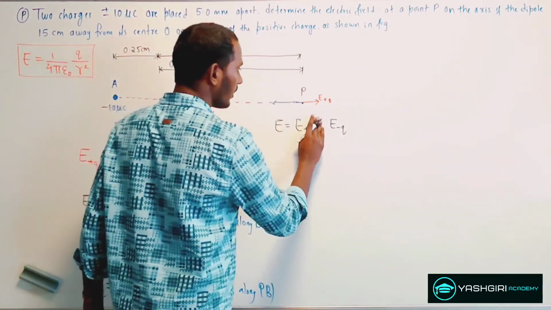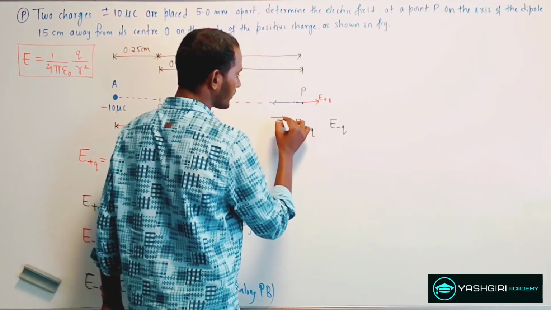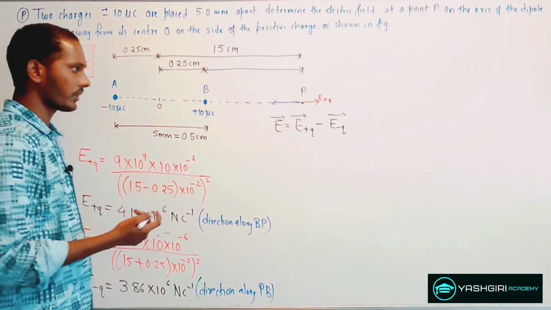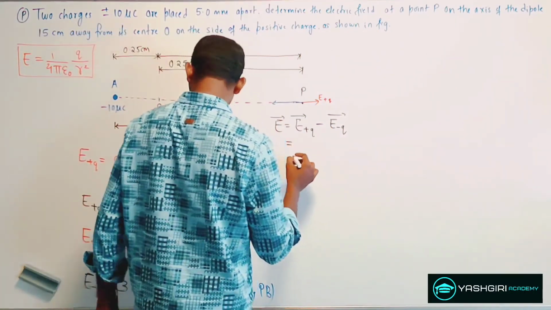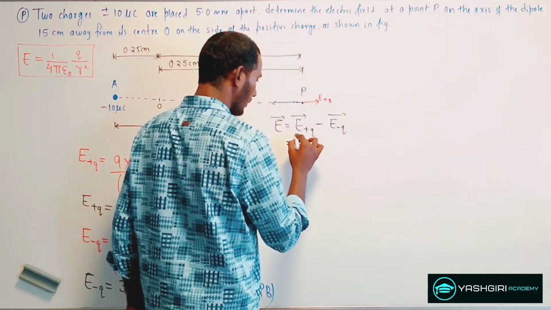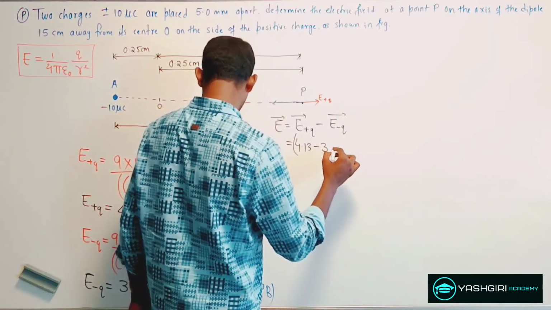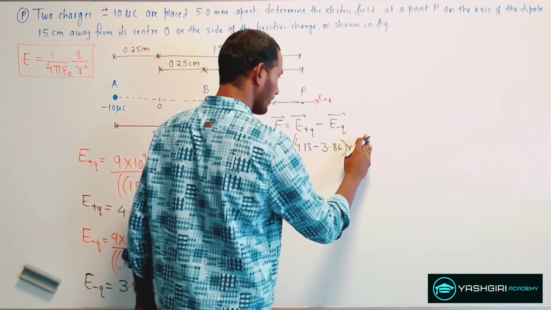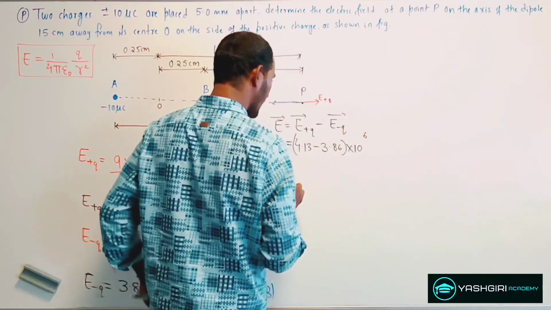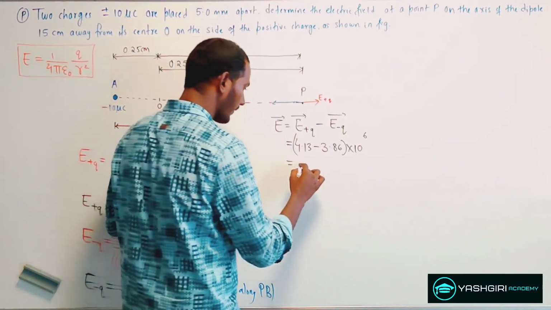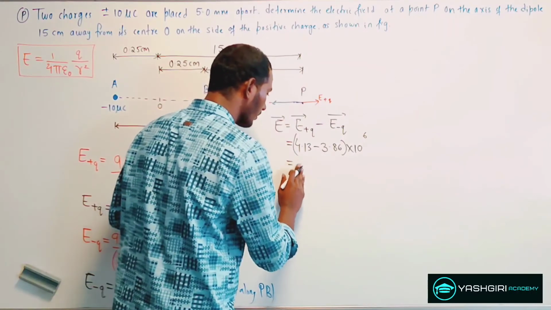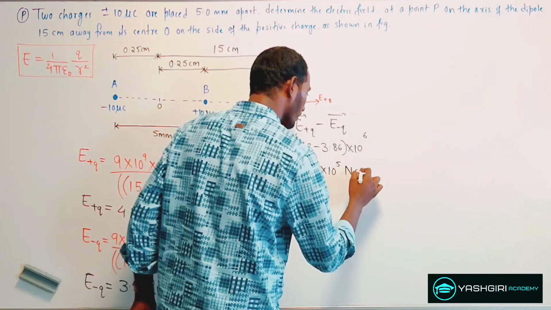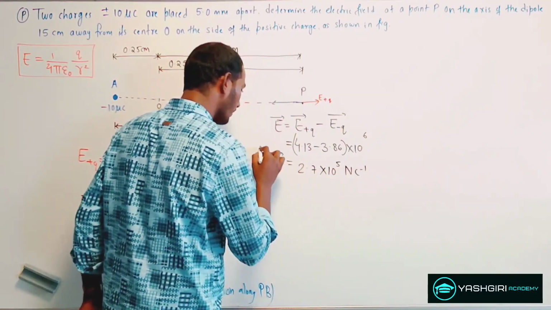That means it will be a subtraction, because both are opposite. So if you solve this, 4.13 minus 3.86, into 10 to the power 6, correct? That will give me the answer 2.7 into 10 to the power 5 Newton Coulomb inverse. So that's the electric field you will be getting.